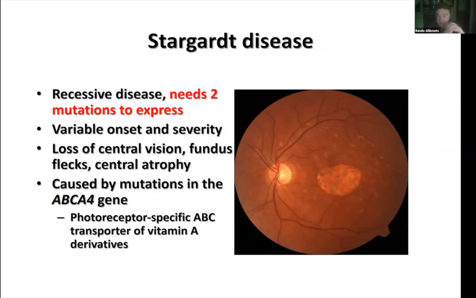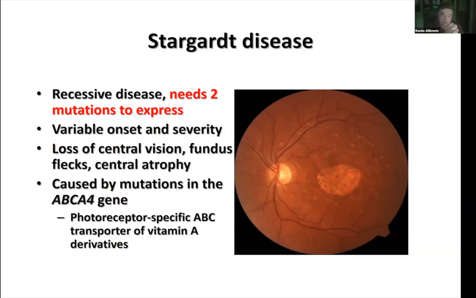And if you are not lucky, and this is what I call the genetic lottery, the mother carries 1 of the copies, the other is fine, the father the same. But if by chance, and the chance is 25%, they get together, the kid is affected with the recessive disease, in this case, Stargardt disease.